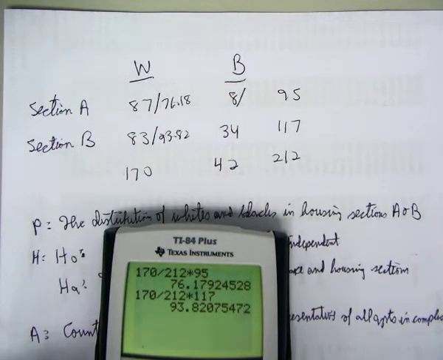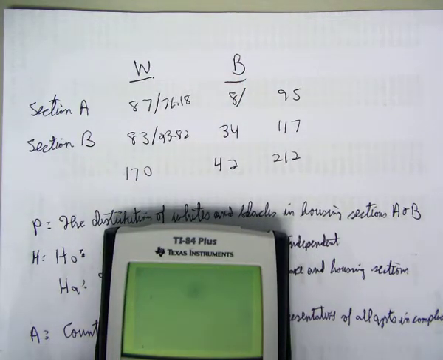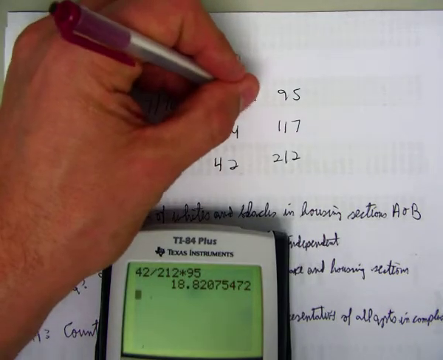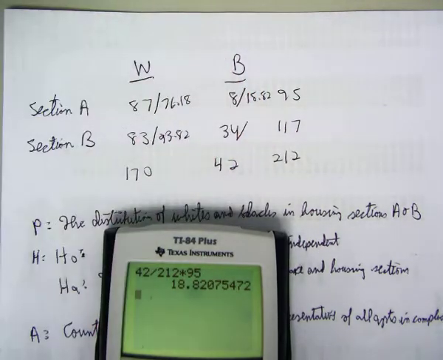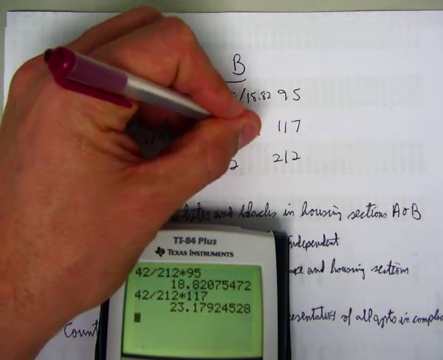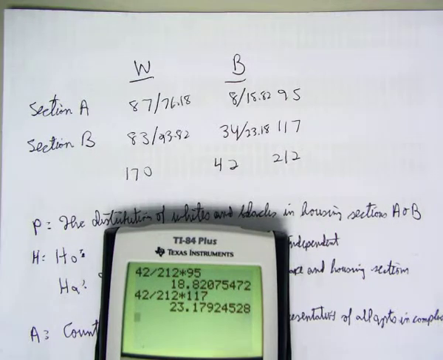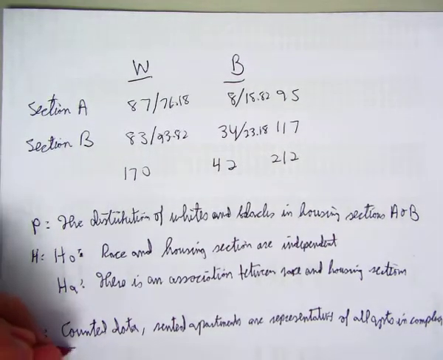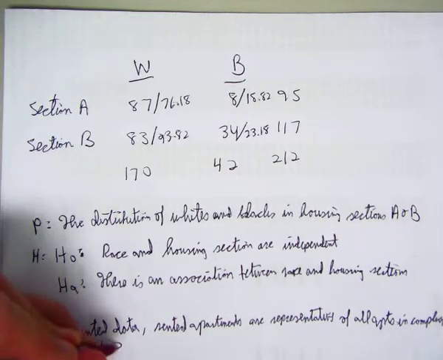Then for blacks in section A, there's 42 blacks out of 212 people, times the 95 section A apartments, there's 18.82, and then 42 out of 212 times 117 to get section B, and that's 23.18. So we're good. We got all of our expected values, so all our expected counts are at least 5.